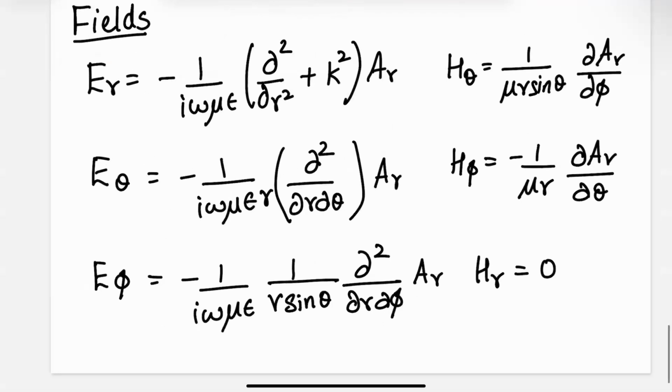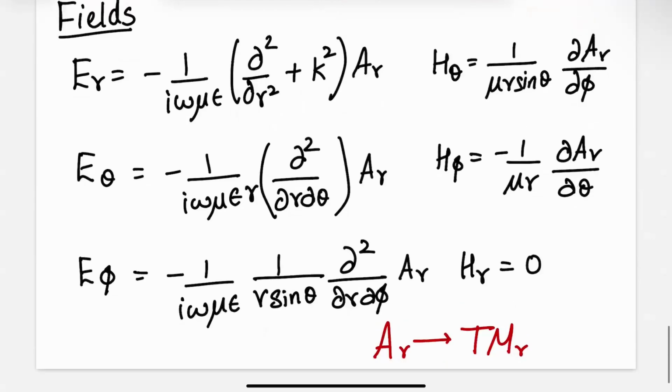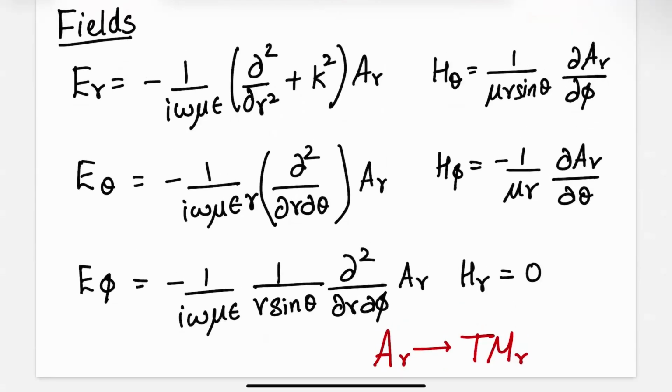Okay. And because of this, these fields are known as TM to r, because the magnetic field along r is 0. So we saw that A_r gives us TM to r. When you apply duality, you can show that A_mr gives TE to r.